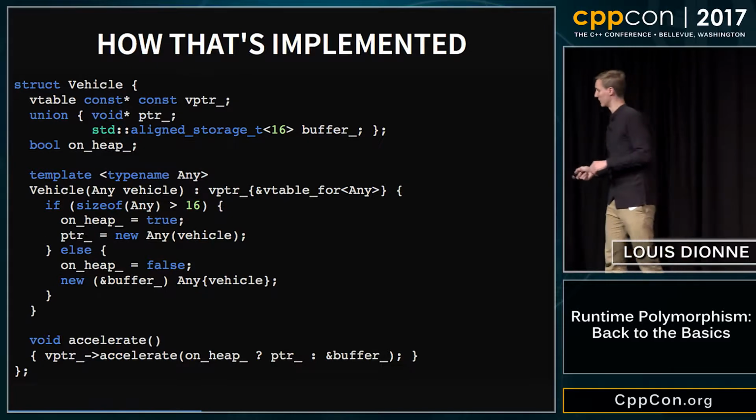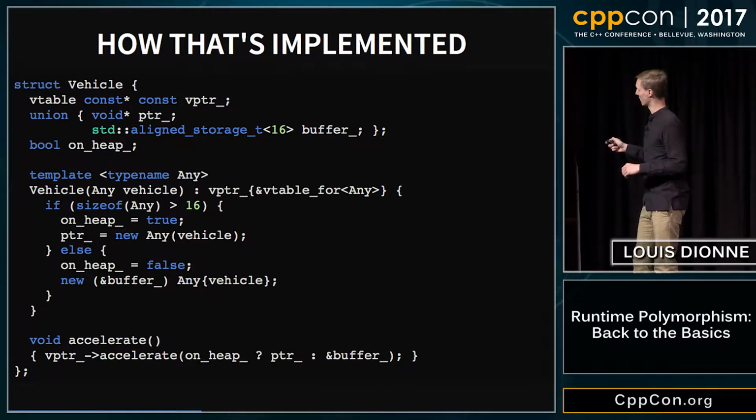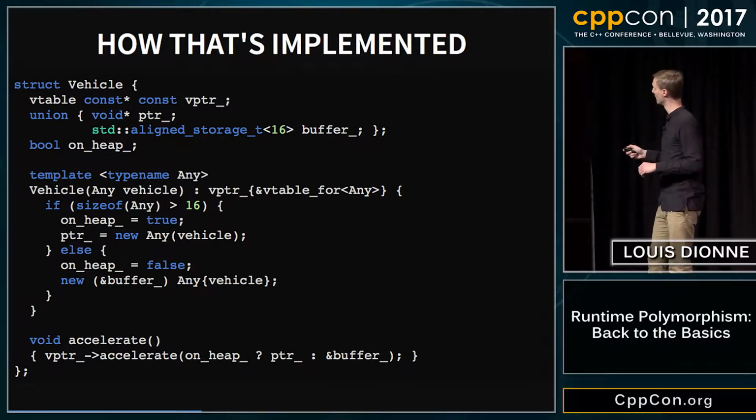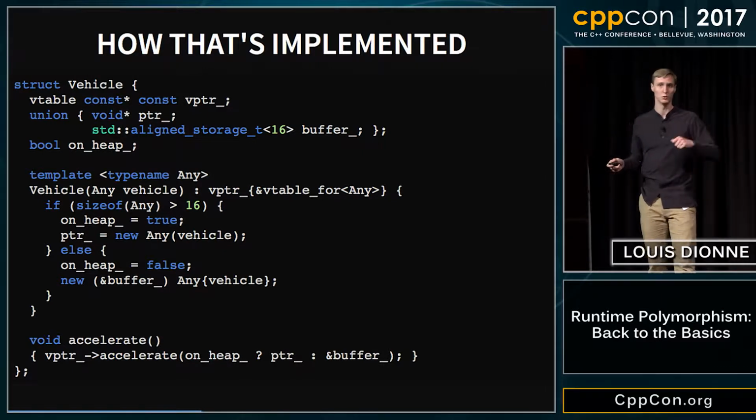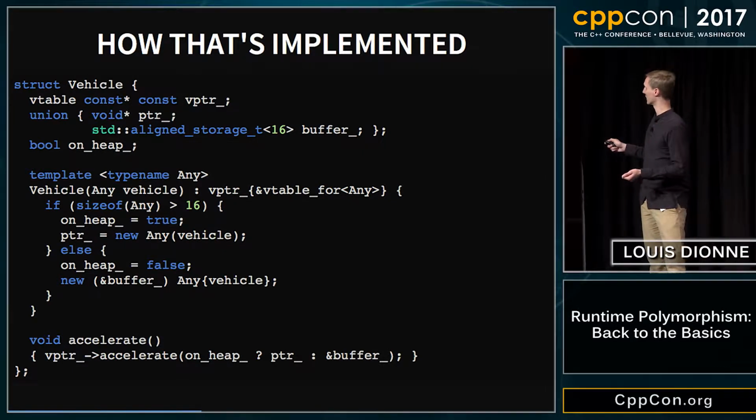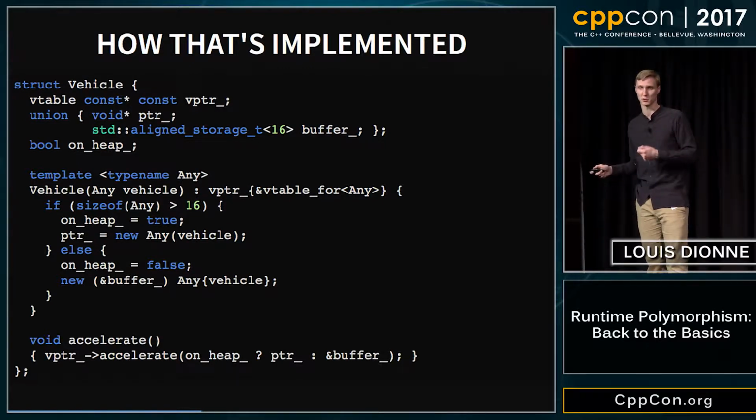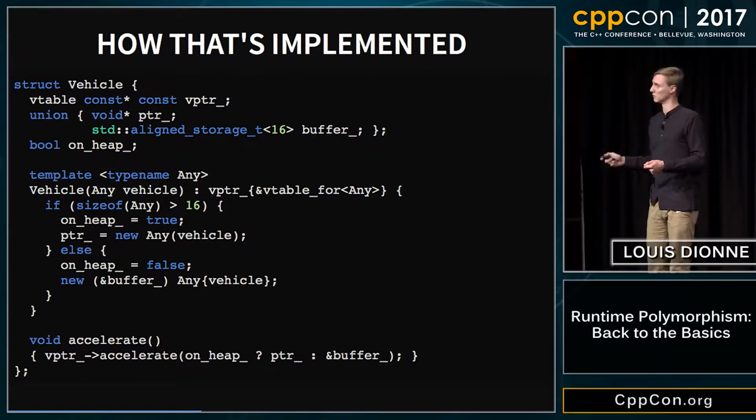The way we can implement this is you have a vpointer, and the union, with some aligned storage. Then when you get constructed from any concrete type, you check, do you fit in the buffer? In my case, I have 16 bytes. So if the concrete type I'm being constructed from is too large for the buffer, I put it on the heap.